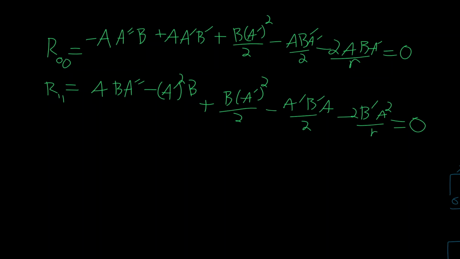I took the liberty of distributing a couple of things that we did have. So I distributed a couple things, and we can see that we have a couple terms that can simplify quite a bit. So for example, these inner two terms, they have a prime squared b plus b a prime squared over 2. Well, that right there is just going to be negative 1/2 b a prime squared.